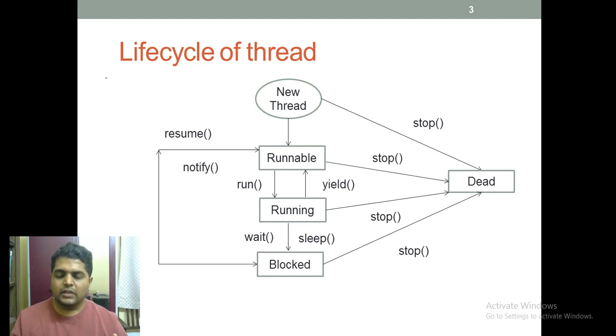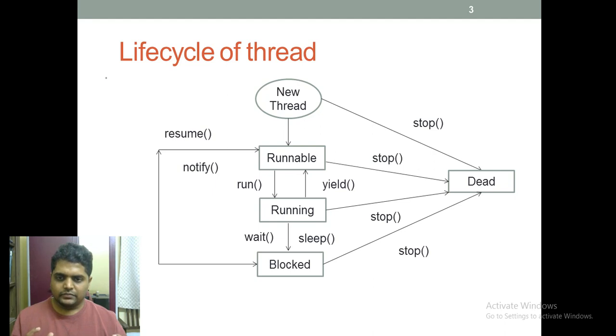So importantly, right from when your thread is newly created, that is the new state, it moves to the runnable state, from runnable to the running state, and from running to the blocked state. To move from new to runnable, no method is required, but from runnable to running there is the run method. From the running state it can be moved to the blocked state using the wait and sleep methods.